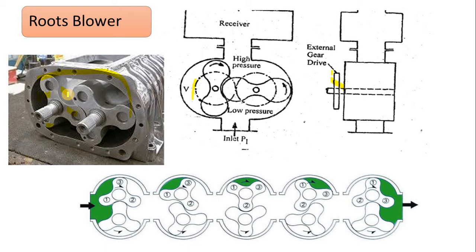Suppose the driver rotates in a clockwise direction, then the driven definitely rotates in an anti-clockwise direction, but the speed of the two lobes, roots or blades must be the same. This is the main speciality. They rotate inside the casing, which protects them and also helps create a high amount of discharge.